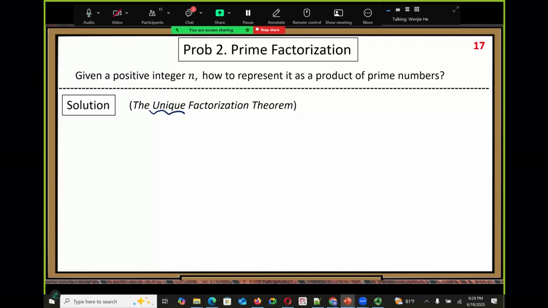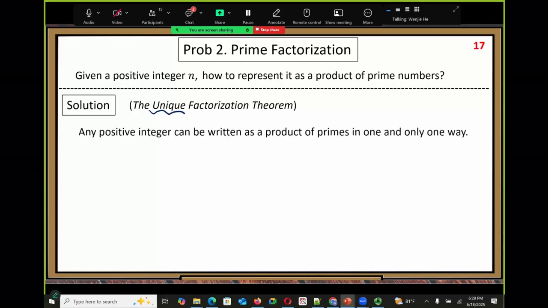If you use the standard way, then the prime factorization for a given number must be unique. That's a nice property. So what's that standard way?